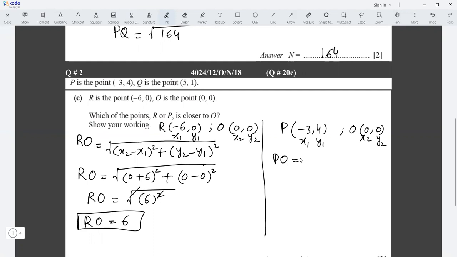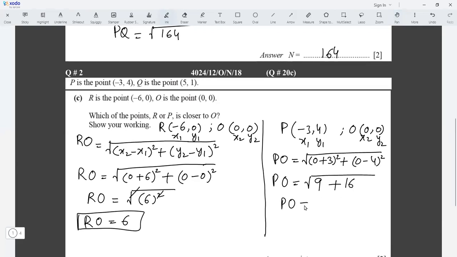Finding the distance between P and O, square root of (x2, which is 0, minus negative 3) whole squared, which becomes positive 3 squared, plus (0 minus 4) squared. So 0 plus 3 means 3, 3 squared is 9, plus the negative squared always gives a positive result, which is 16.